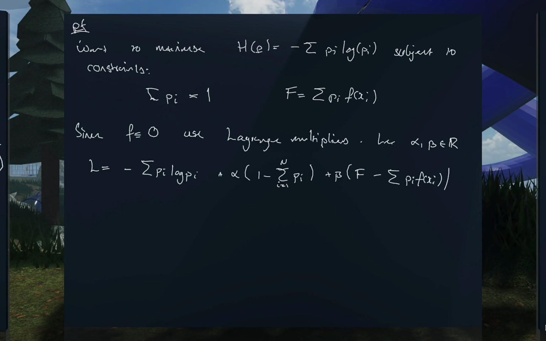Okay. Now we can take the derivative with respect to the pi, and set it to 0.